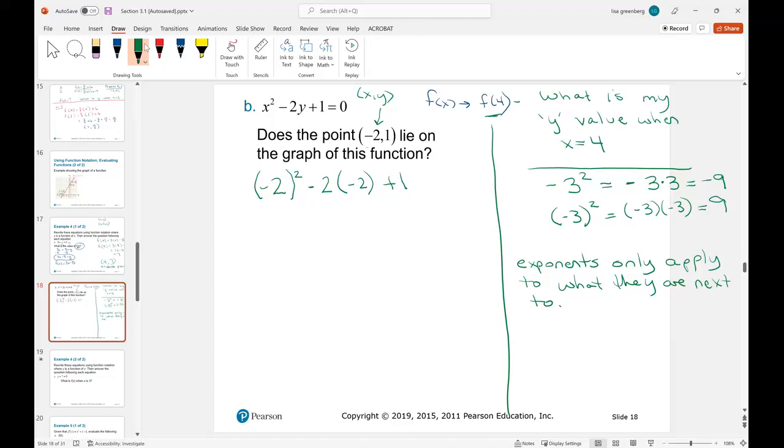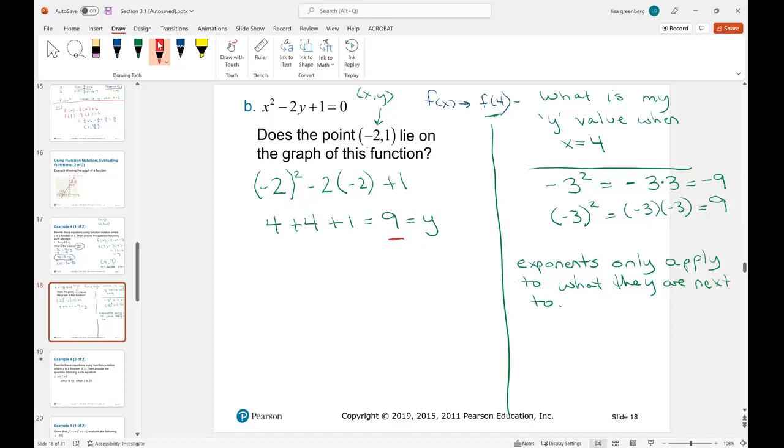And now I evaluate. So (-2) squared is 4. -2 times -2 is +4 plus 1, right? And then this equals 9. But then this is my y, or my f of x, whatever you want to call it. But it should be equal.